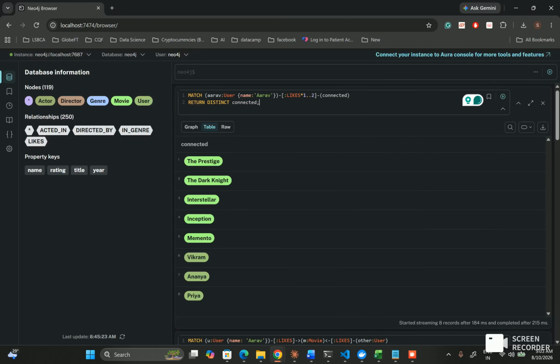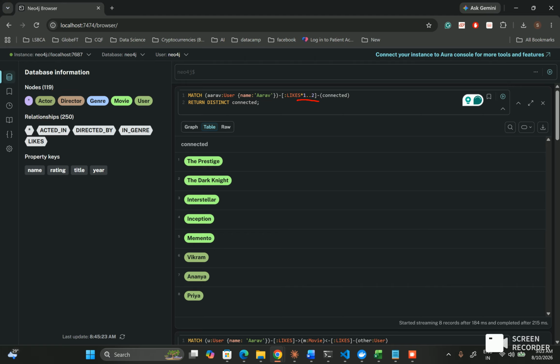Now over here, star 1 dot dot 2 means 1 to 2 hops in any direction.